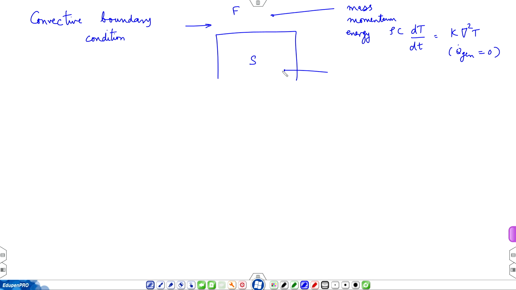So, in the solid material you are only solving k del square T. This is the equation being solved. Now, you have to watch out, because this rho c here is of the fluid phase k f, and this rho c here in the solid material is of the solid phase.